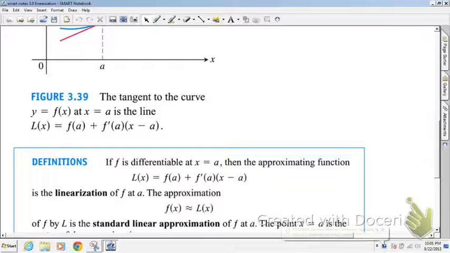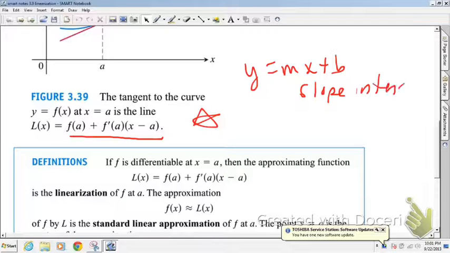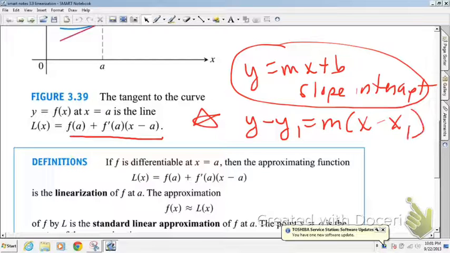So here we're just reiterating that the tangent to the curve at a certain point is the line, and notice how we used to call the tangent line y equals mx plus b. Well, that's, you remember from algebra, slope-intercept form. So instead of calling it that, think about point-slope form, y minus y1 equals m times x minus x1.